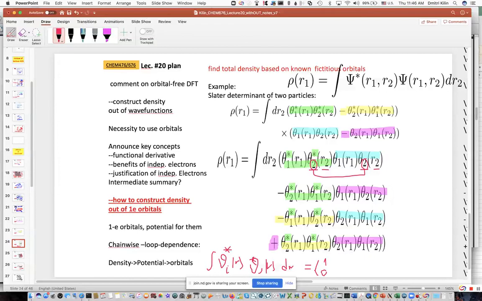Therefore, integration over R2 will remove this theta 2 because their integrated product will give 1.